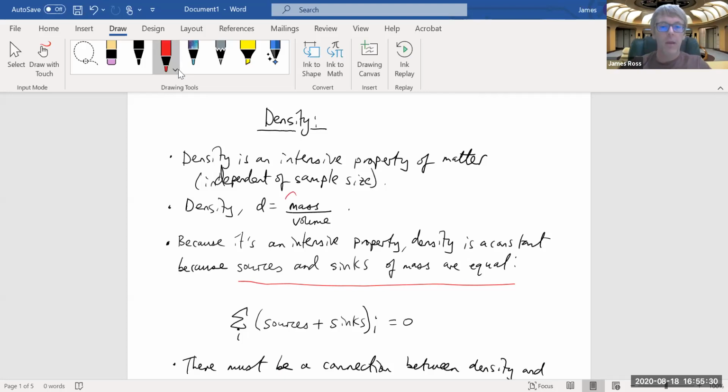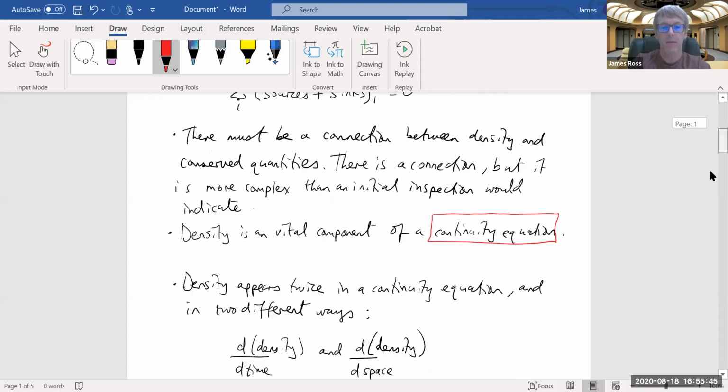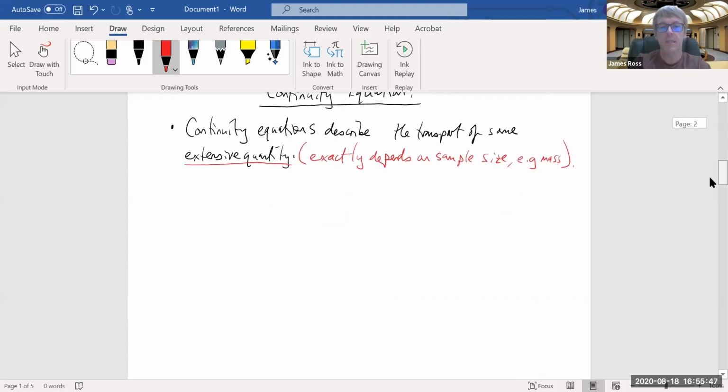Okay. So specifically, I'm looking at mass per unit volume density. So it's the mass that's the property that's being transported. So you can think of it that way. Okay, so I'm going to come back to here, and mass is an extensive property.